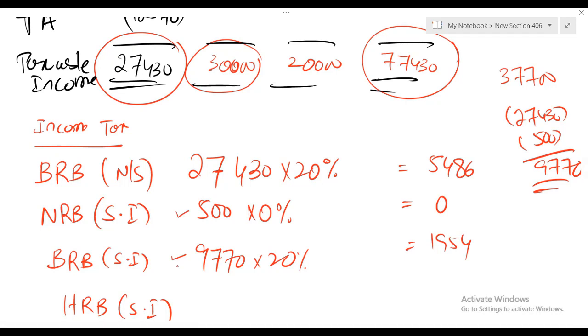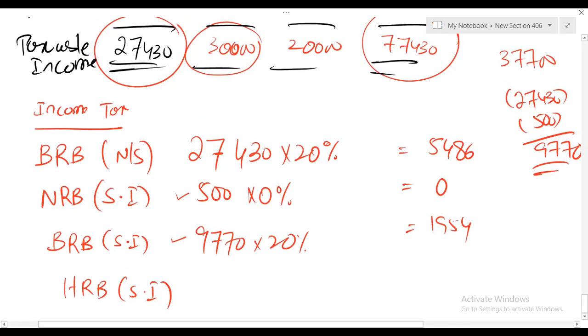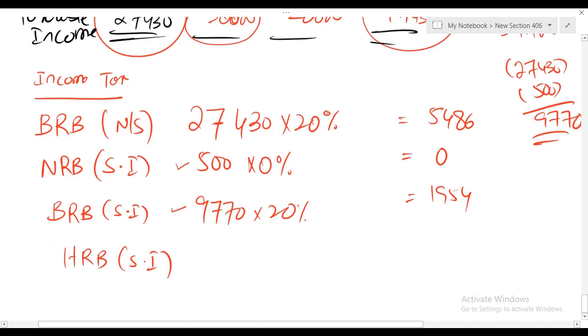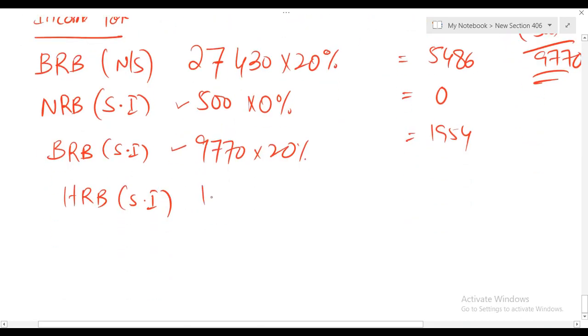So I'm getting 19,730. You need to deduct 500 from this 30,000 and 9,770 from this 30,000. So in saving income you will still have 19,730, and this 19,730 falls in high rate band, where the applicable tax rate for saving income is 40%. So I'm getting 7,892.